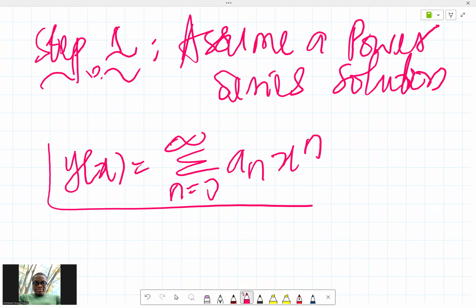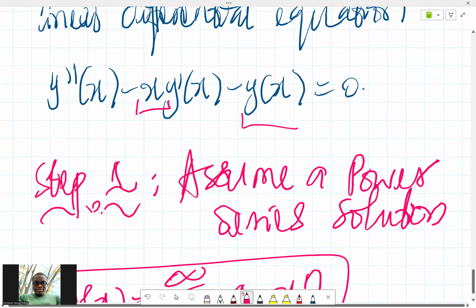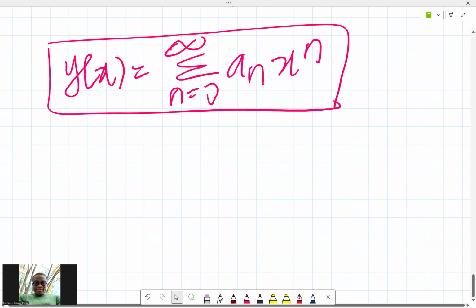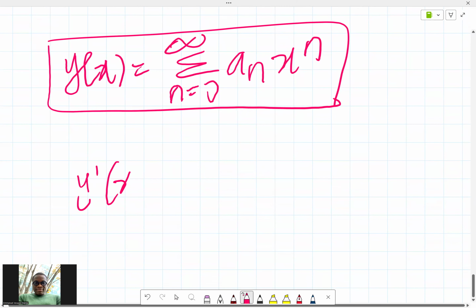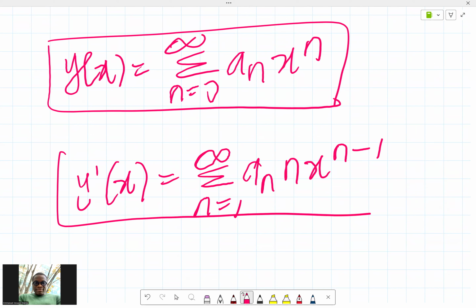And then you need y prime and y prime prime, so you need to get those two derivatives. y prime of x would be the summation from n equals 1 to infinity of n an x raised to power n minus 1.